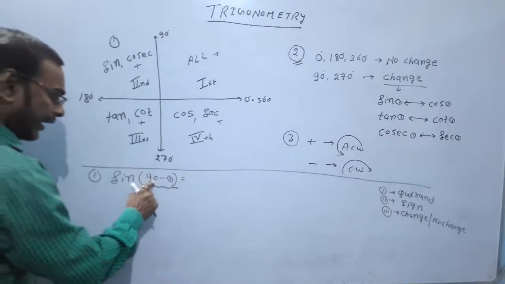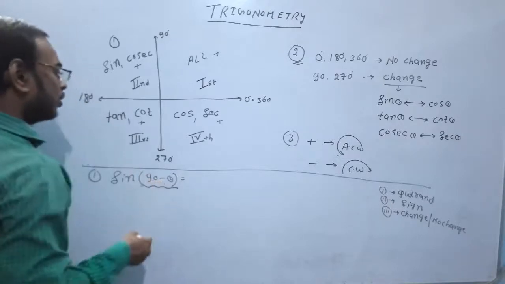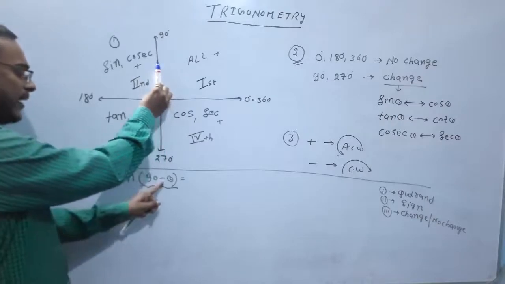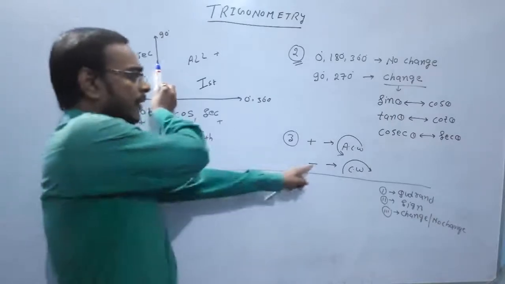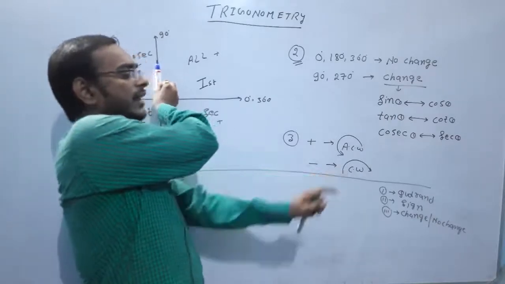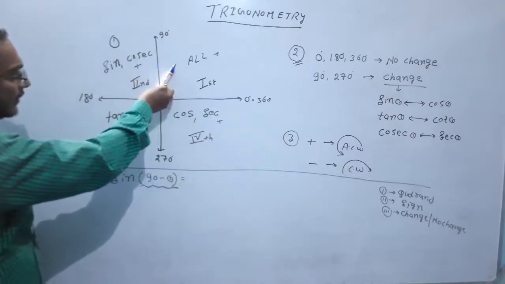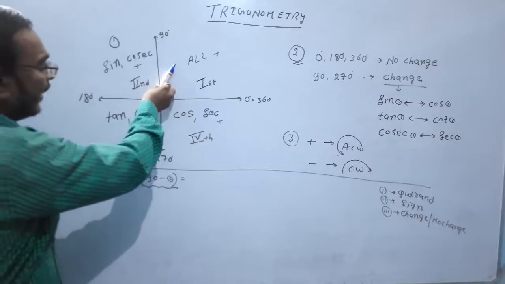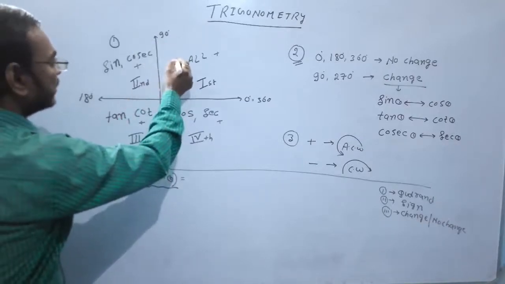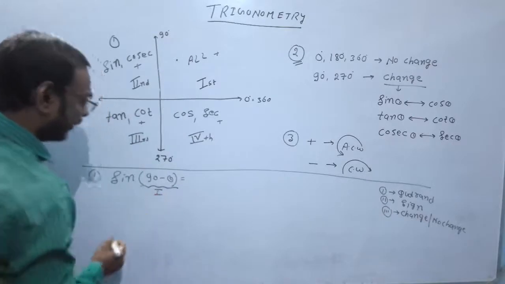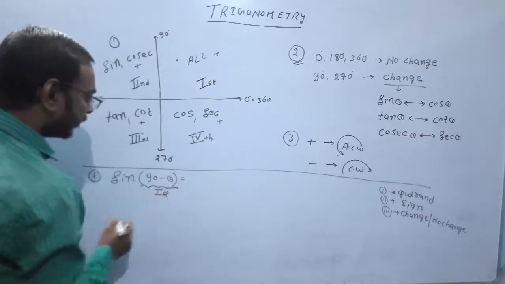So here we have 90 and minus. First of all, we go to 90 and minus. Minus means clockwise direction. So we move 90 minus, that means clockwise direction, and we reach the first quadrant. That means this is in the first quadrant.